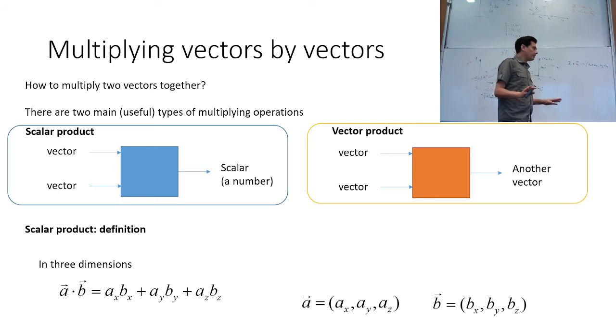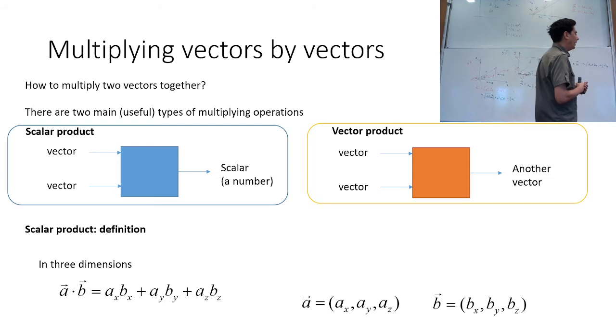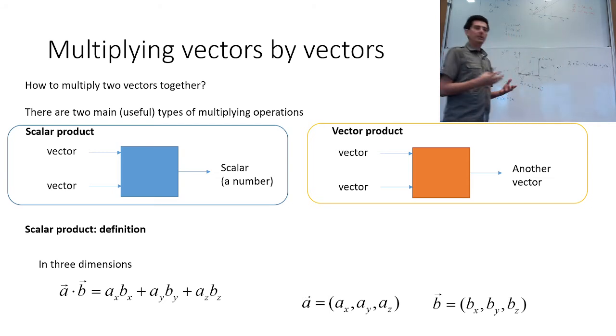There are only a couple of types of definitions of multiplying vectors that have some interesting properties and some physically relevant properties.